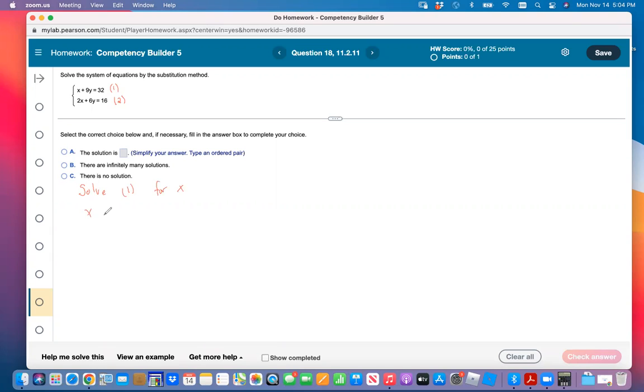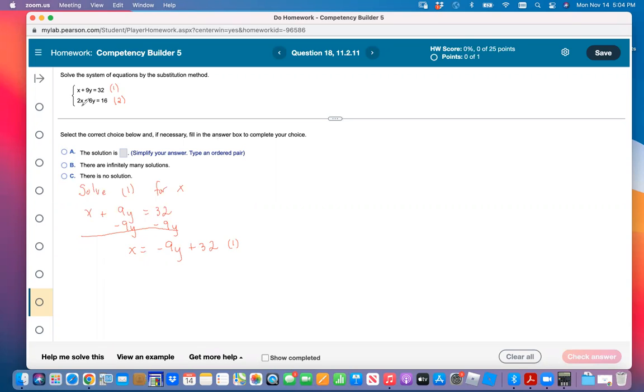And so here's my equation, x plus 9y equals 32. I'm going to subtract 9y from both sides of this equal sign. And I end up with x is equal to negative 9y plus 32. This is now equation 1, rearranged, solved for x. Now my strategy is to take this equation that is solved for x and substitute it into the other equation.